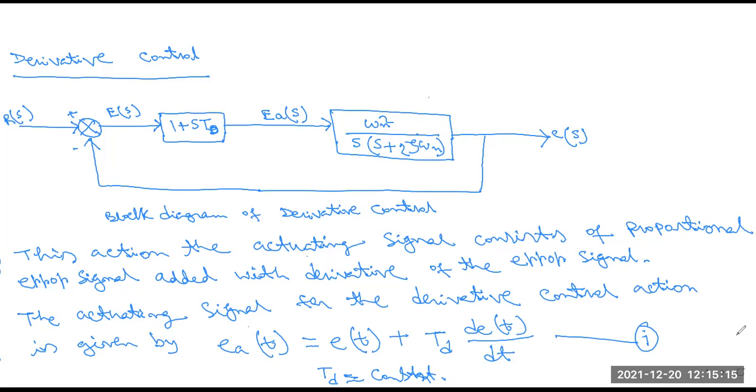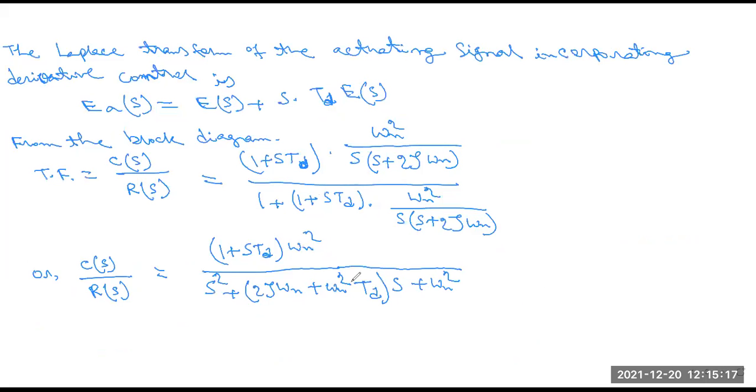Then we simplify this equation, because this one and this one cancel, and the equation comes: (1 + s T_d) into omega_n squared divided by s squared plus 2 zeta omega_n s plus omega_n squared T_d s plus omega_n squared. Is it okay, all of you? So this is basically the characteristic equation of the derivative controller part.